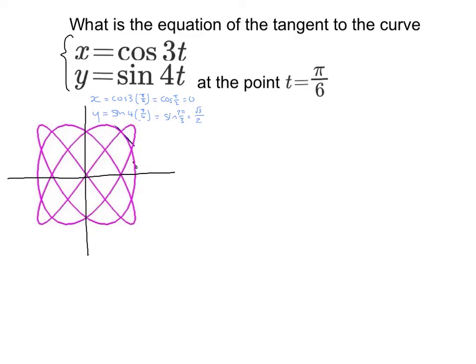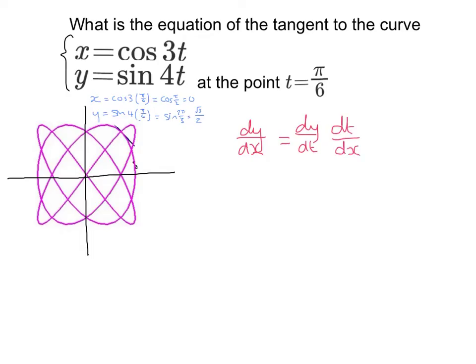But how am I going to find dy by dx? That's the big problem. Only it's not a problem, because we've got the chain rule. The chain rule is specifically designed for helping us to differentiate things when things are inside things. So t is inside x, t is inside y, and the chain rule tells us that dy by dx is equivalent to dy by dt, dt by dx.